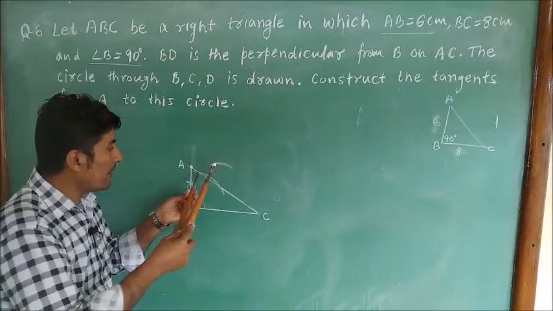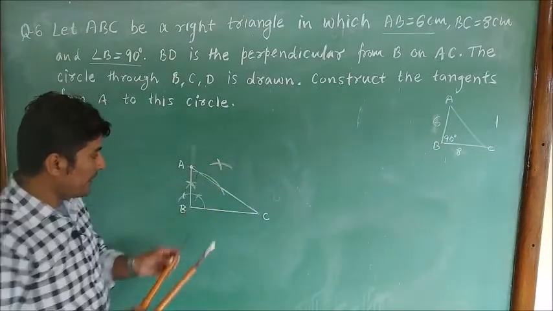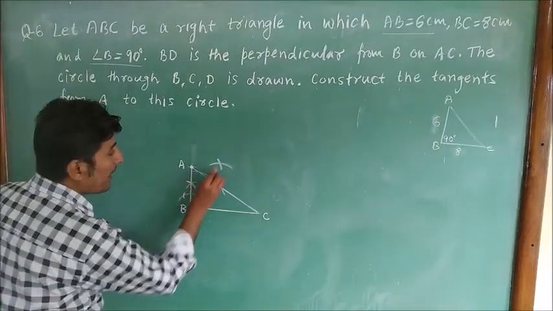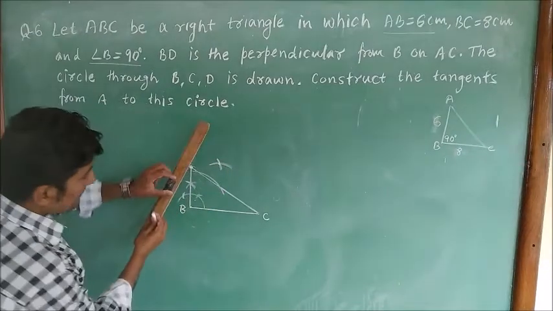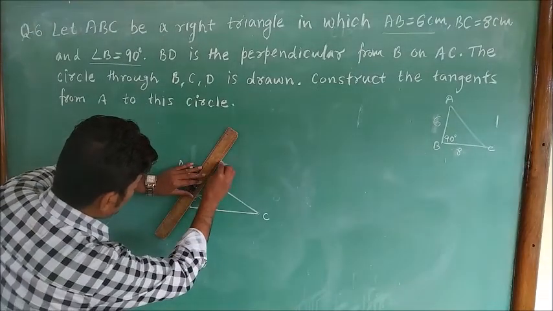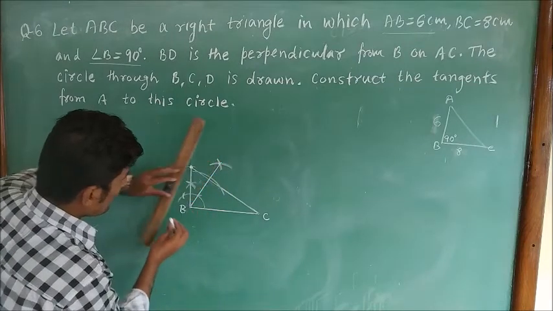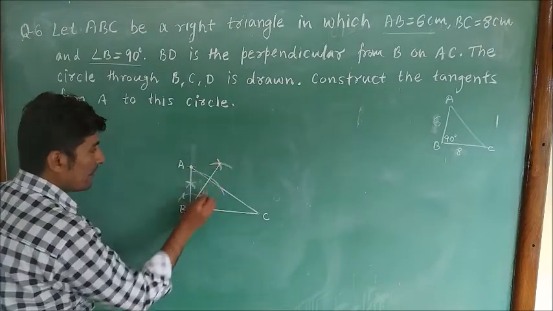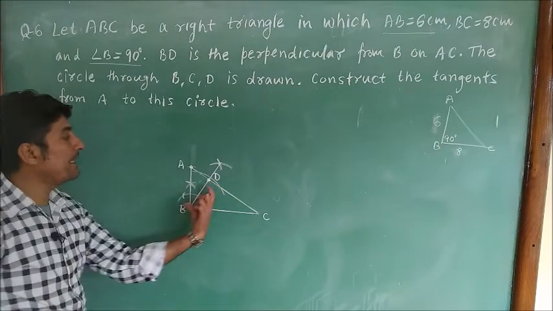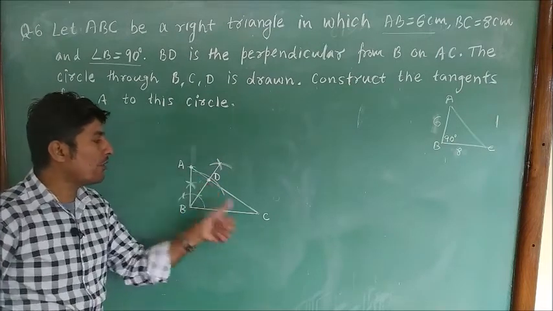From this point we will make the point of intersection. And at the end we have to join this point and this point. So this point is B and BD is perpendicular on AC.